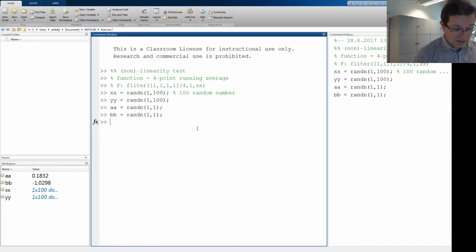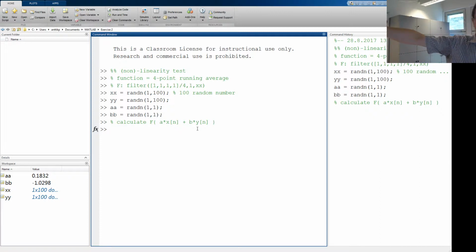And first I calculate the output of the system.